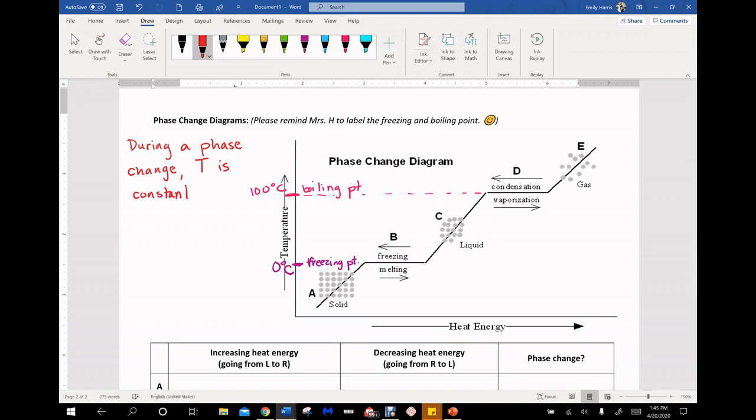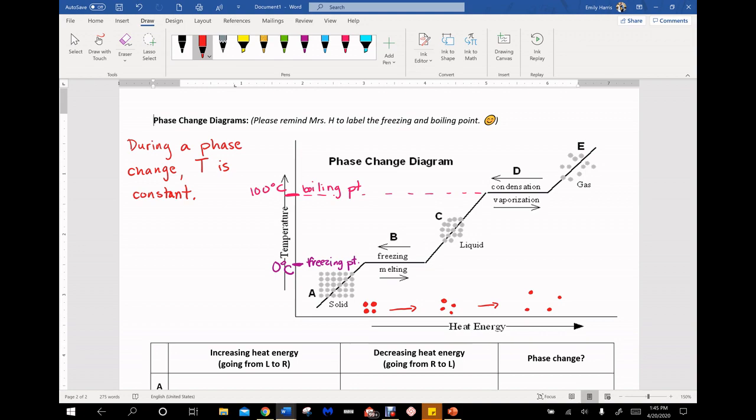And right quick, I'm going to try to give you a short explanation of why. So as we're going from a solid to a liquid to the gas, you'll notice that gradually the particles are being spread further and further apart. And so what happens is during the phase change, all of the energy from the hot plate is having to be used to separate the molecules to generate the next phase.